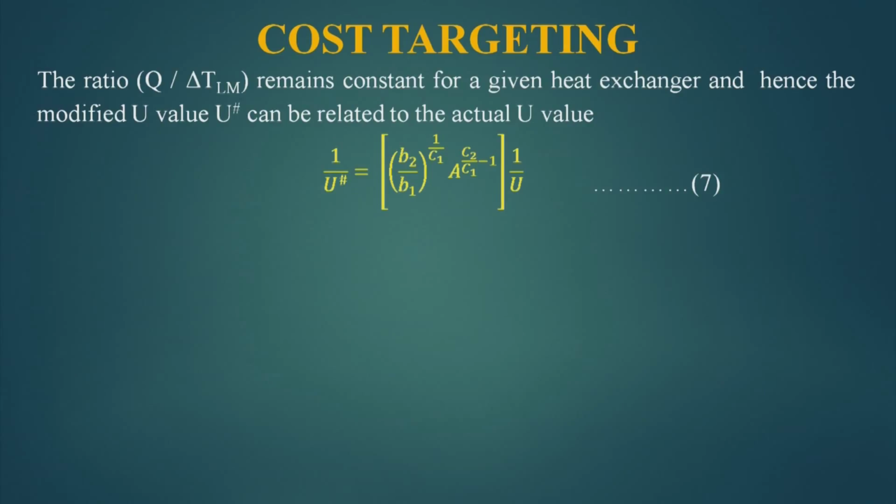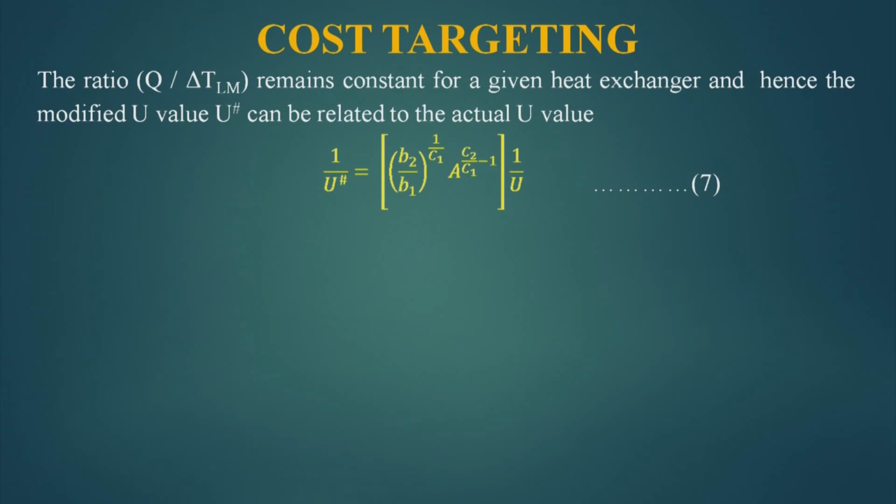Now, this area has to be related with the U. As the ratio of Q by delta T L m remains constant for a given heat exchanger in a particular interval, the modified U value U hash can be related to the actual U value as given below. So, 1 by U hash is equal to (B2 by B1) to the power 1 by C1 and A to the power (C2 by C1 minus 1) into 1 by U.